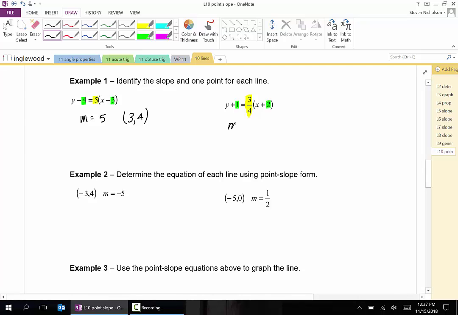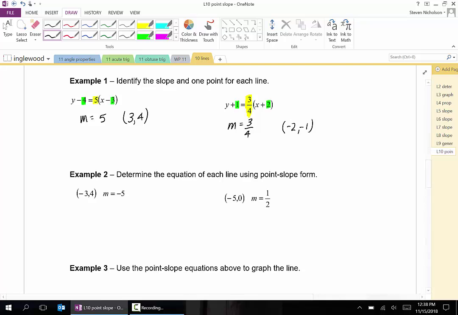Now in this one over here, the slope is still 3 over 4, pretty straightforward. But in this case, the point is -2, -1. It's not 2, 1.